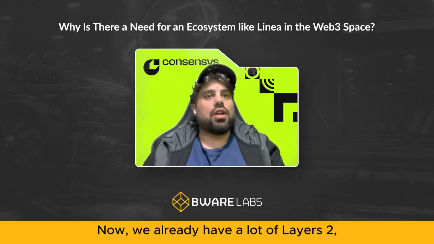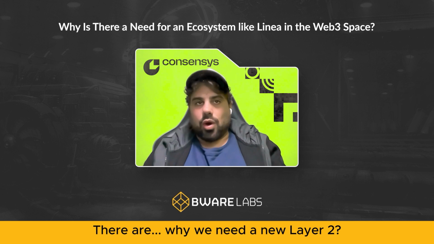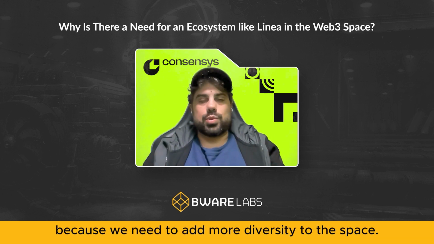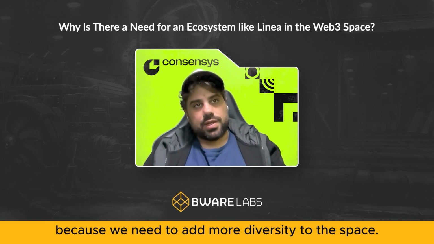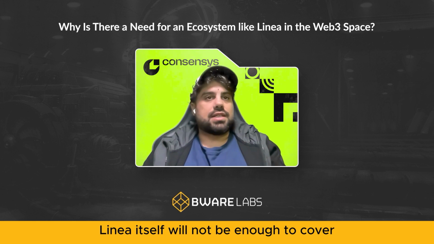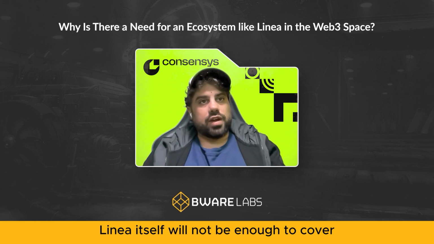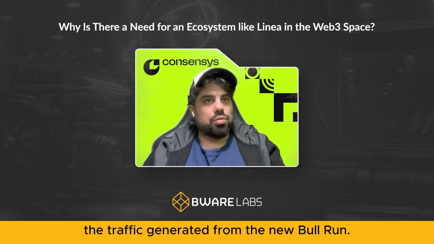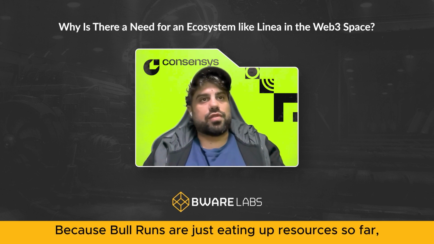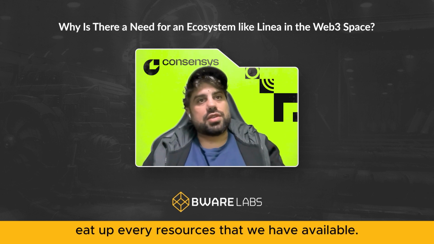Now, we already have a lot of layer 2 that are scaling Ethereum. Why do we need a new layer 2? We definitely need a new layer 2 because we need to add more diversity into the space. If we are going to get a new bull run, Linea itself will not be enough to cover the traffic generated from the new bull run, because bull runs are just eating up all resources so far, and they will eat up every resource that we have available.